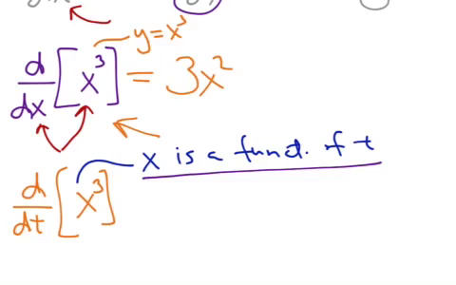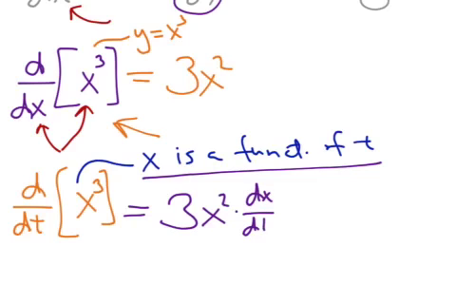But I don't know what that is. They're not telling me. So when I take the derivative here, I still have to take the derivative of the outer function, which is going to be 3x squared. And then I have to multiply it by the derivative of the inner function. And the inner function is x, so the derivative of x with respect to t is dx dt.